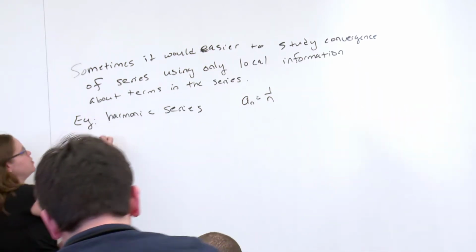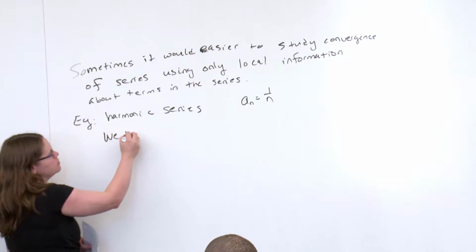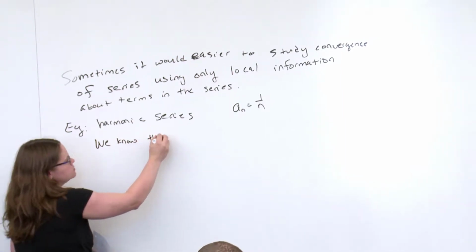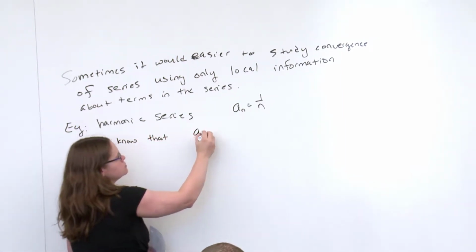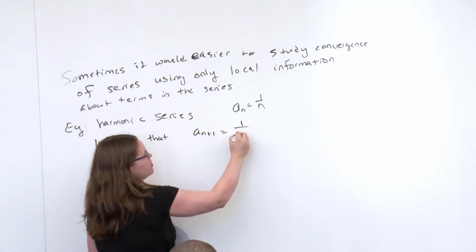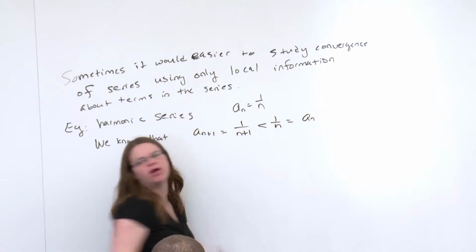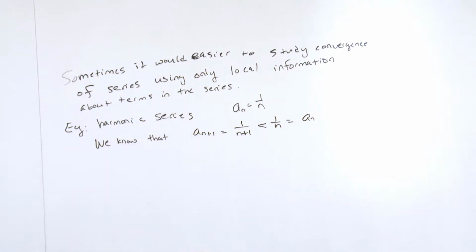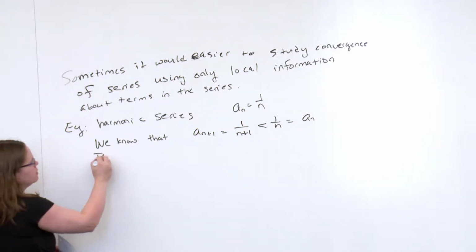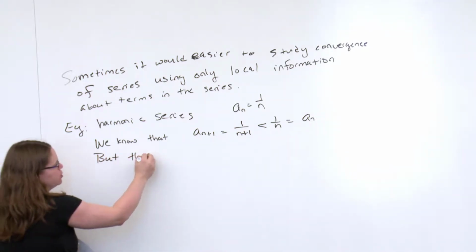We know that the terms are getting smaller. The terms are getting smaller, and we also know that that's not sufficient to prove convergence. And of course, if we add the terms up, it doesn't converge. So this was not enough for convergence.